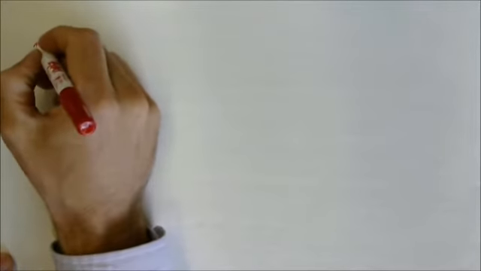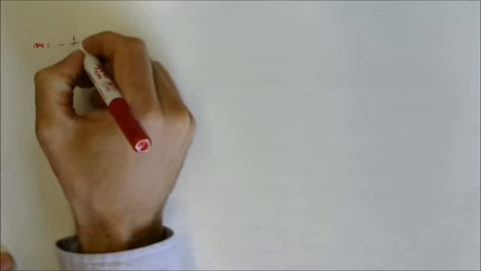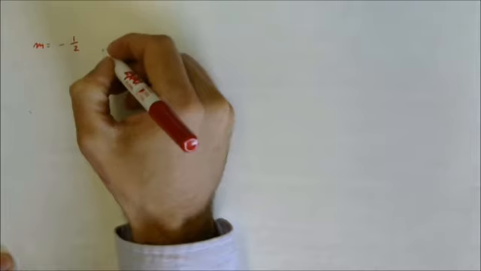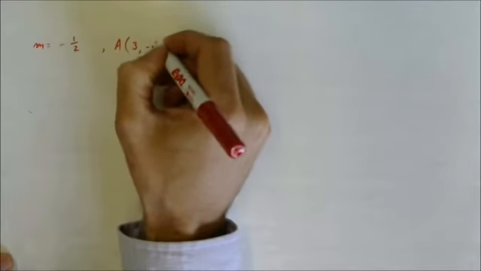All right, example 1, we're going to write the equation of a line given a point and the slope. So in this line, we have the slope. I'm just going to jot down what I know. The slope is equal to -1/2. And I know it goes through the point A, which is at (3, -4).